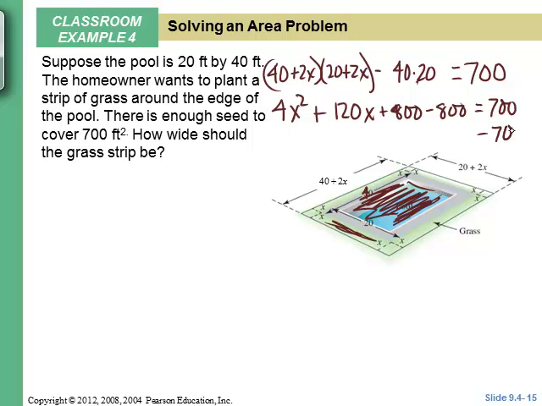So let's subtract 700 from both sides. All of those are divisible by 4, so you get x squared plus 30x minus 700 divided by 4 is 175 equals 0. What two numbers 30 apart multiplied equal 175?